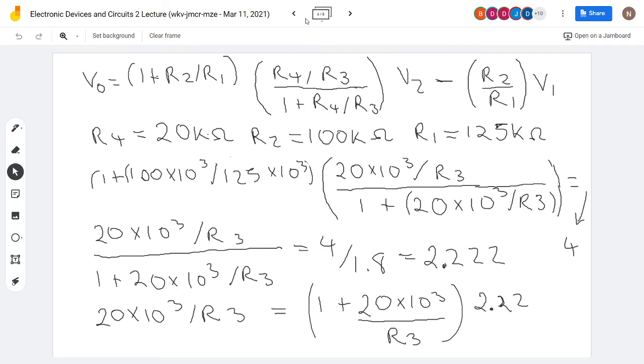It'd be 2.2 R3 because you multiply everything by R3. Yeah. And that should be it.